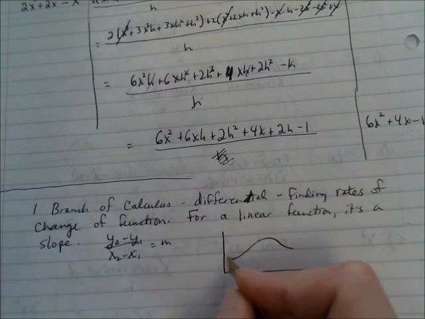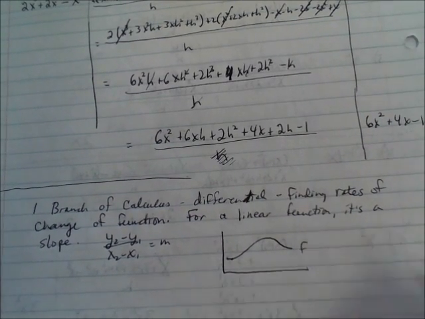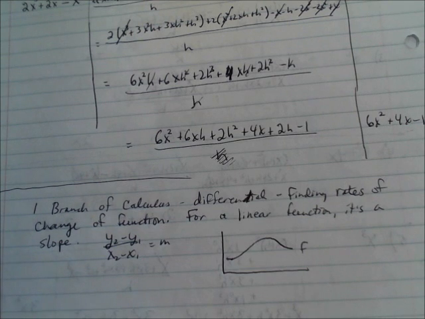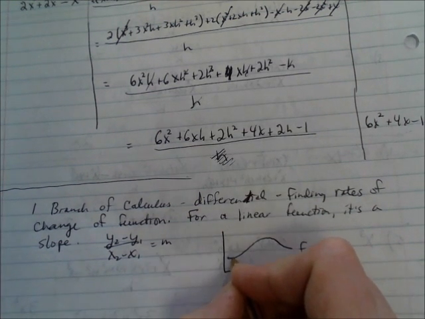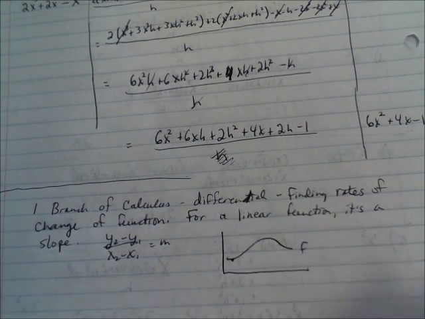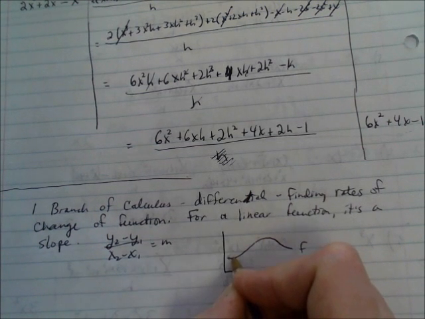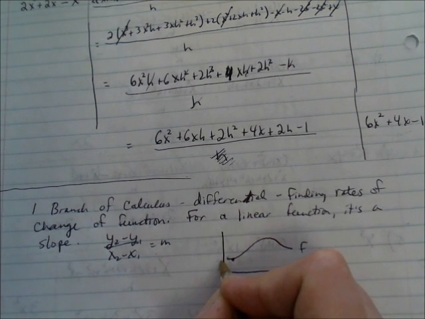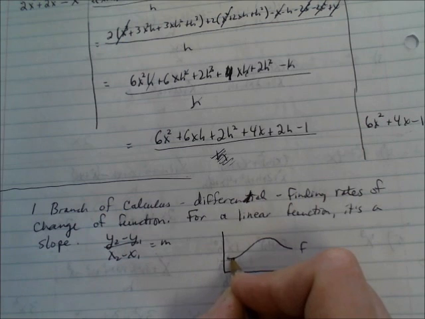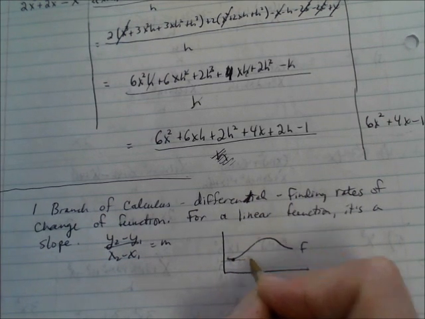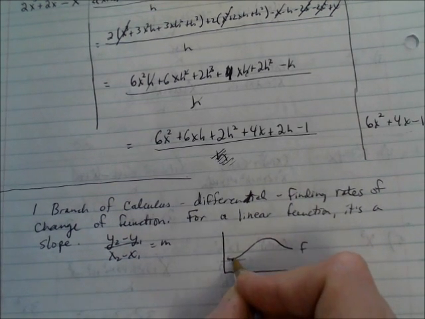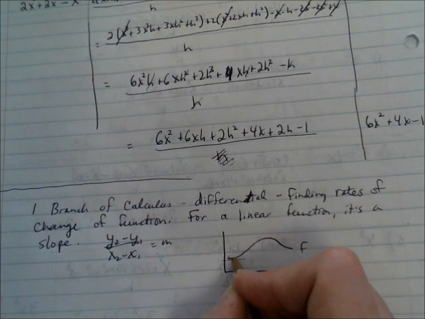Well, what is the slope of this function? We'll call it f, for f of x. If you look at this part of the function down here, and you tried to find the slope of that part of the function, you would draw a tangent line to it and find the slope of that tangent line. And the slope of this function down at this point would be 0.